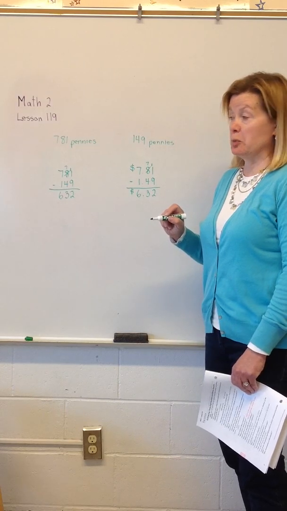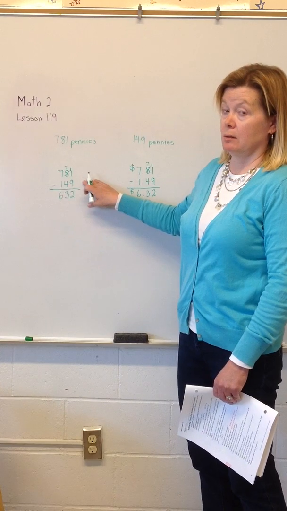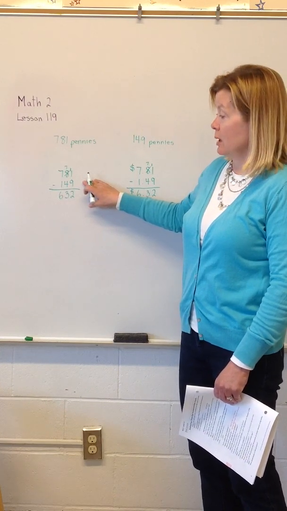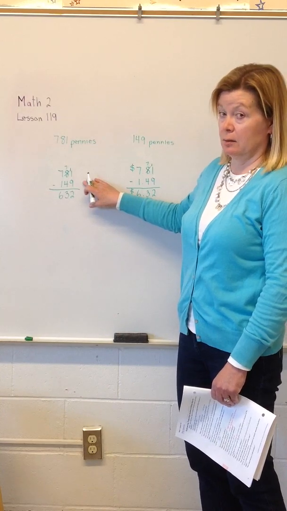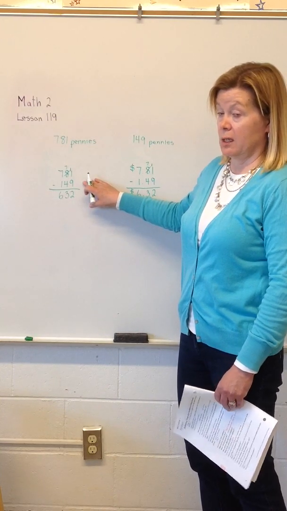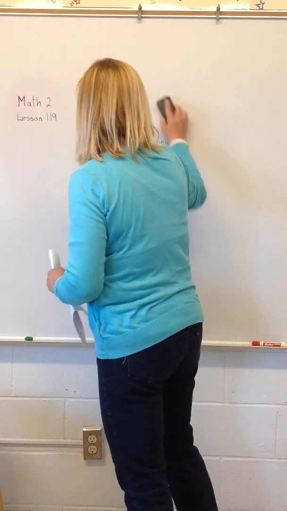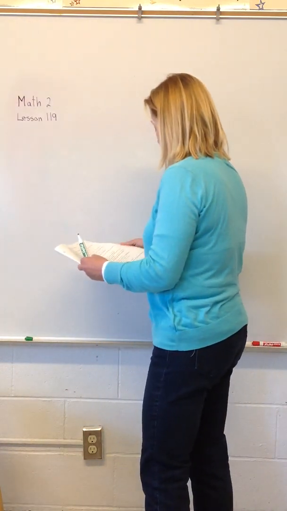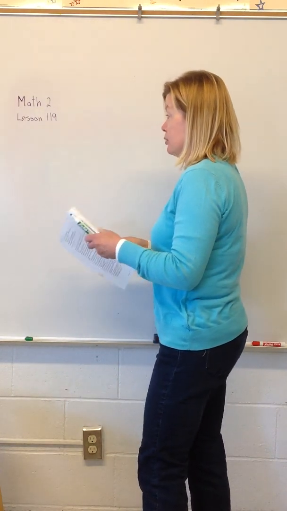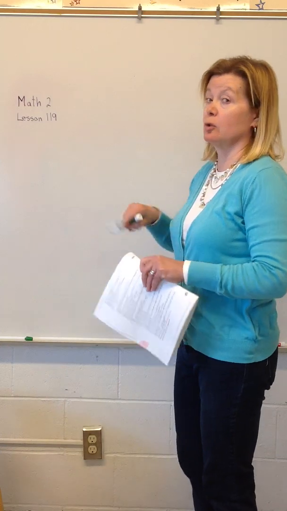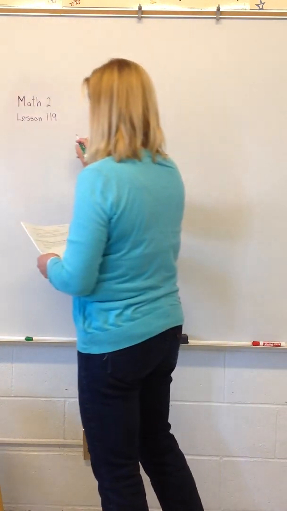Okay, we have one more to practice. This time we are not going to do it like this, pretending that we have pennies. We're going to go straight to money. You ready? Let me get this erased. Okay, I am going to write the penny amounts up top, but you're going to write them as dollars and cents.